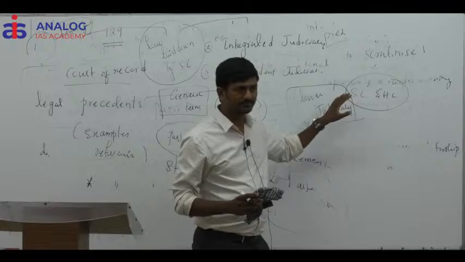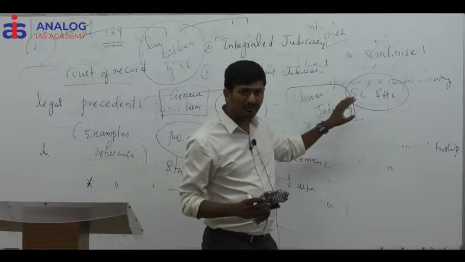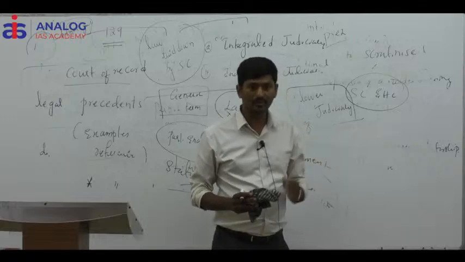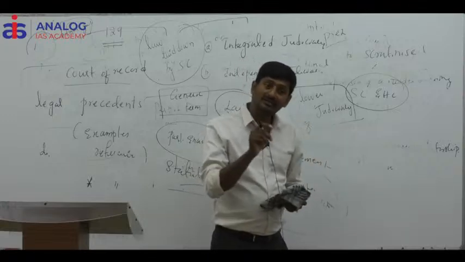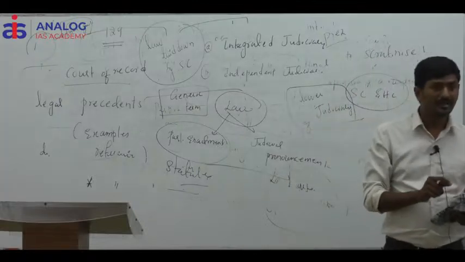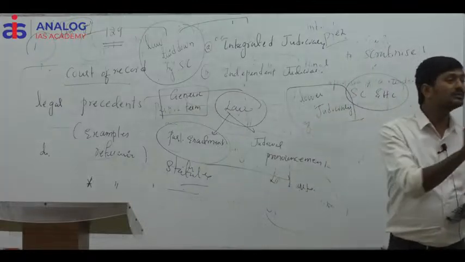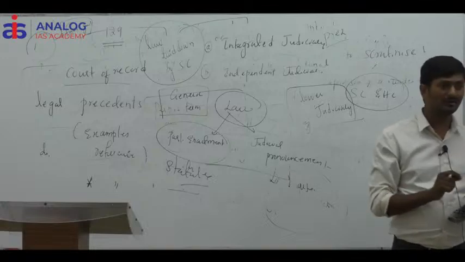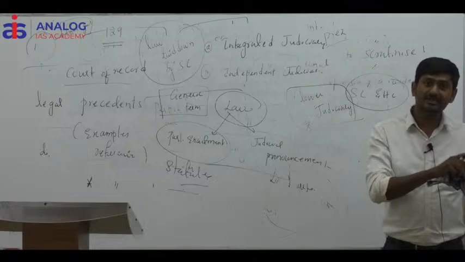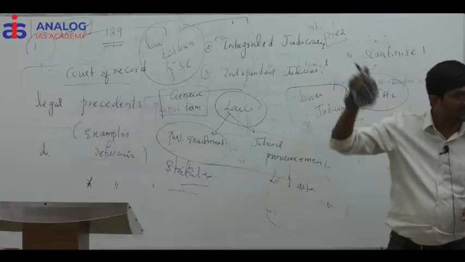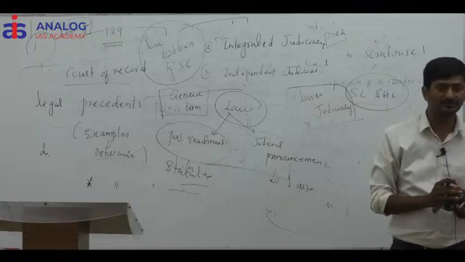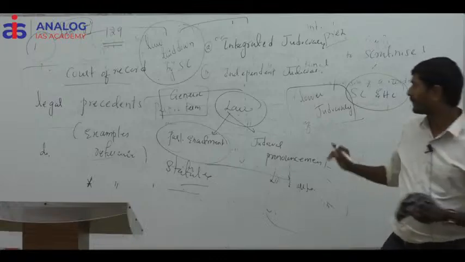Higher judiciary. Power to interpret the law is only vested with the higher judiciary, both Supreme Court and High Court. Power to conduct judicial review is also vested with the Supreme Court and High Court. High Court can invalidate both union law and state law. Despite being situated at the state level, it can strike down the union law and the state level law. This is the power of the high courts.